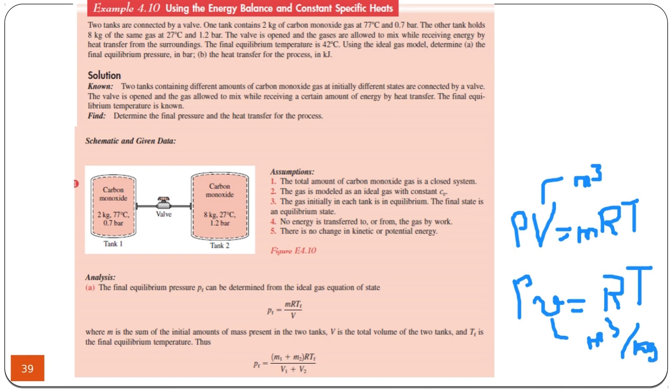So once the mixture has reached equilibrium, so when the mixing has finalized, we can say that the final pressure times the final volume must be equal to final mass times R times final temperature. So this ideal gas equation is valid for any instant.